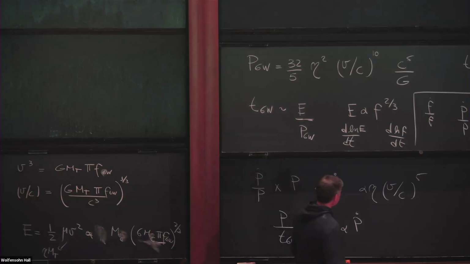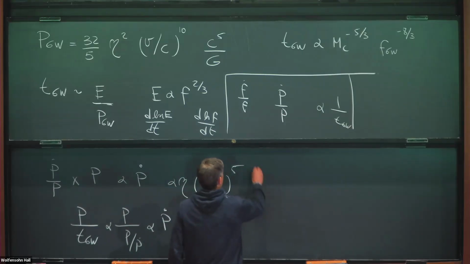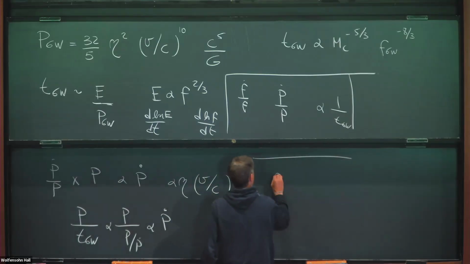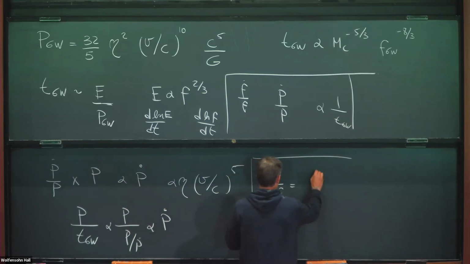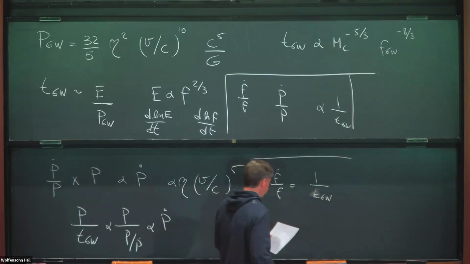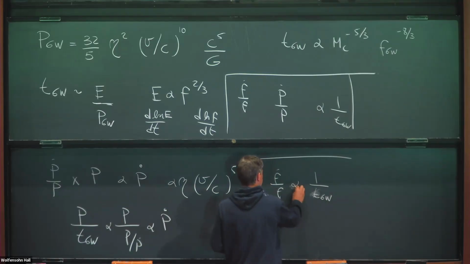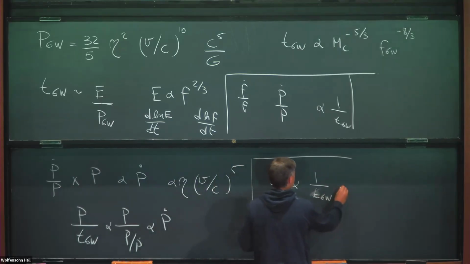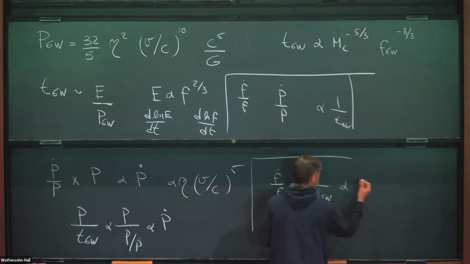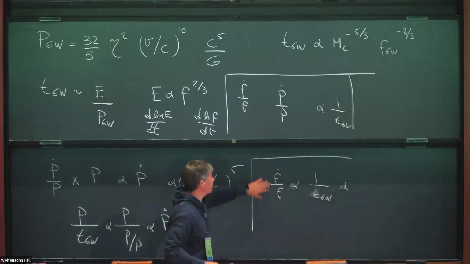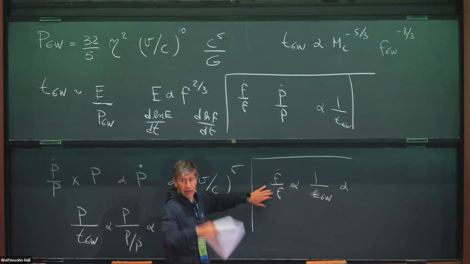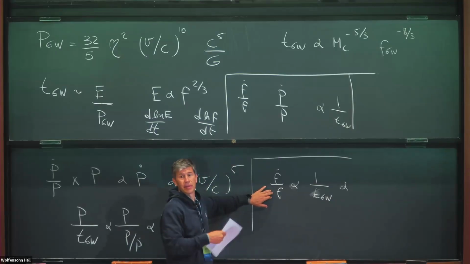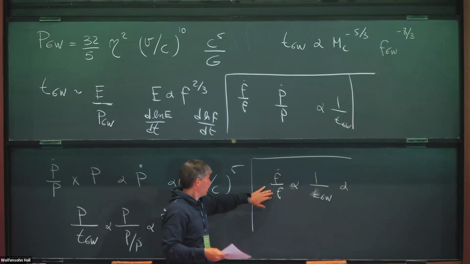Finally, you can integrate, if you want, this equation f dot over f equals, well, this formula, let me just do it like that, because of the 2/3 that I defined. And so this thing is then proportional to f. So I can integrate this in time to figure out the evolution of the frequency as a function of time and see the typical chirp that we know and love.